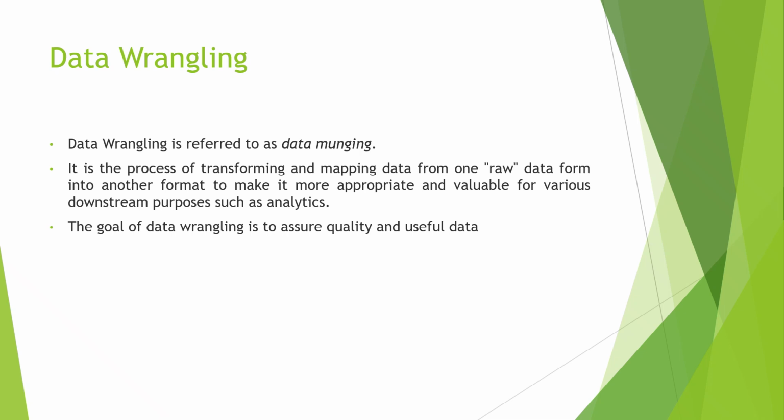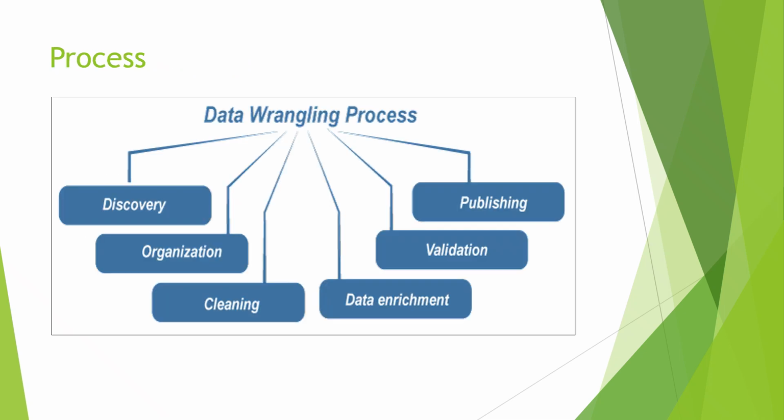This process involves multiple steps such as cleaning, restructuring, and enriching the data to improve its quality and usability. The primary goal of data wrangling is to ensure that the data becomes accurate, consistent, and valuable, enabling effective analysis and supporting better decision making in downstream applications such as data analytics and machine learning.